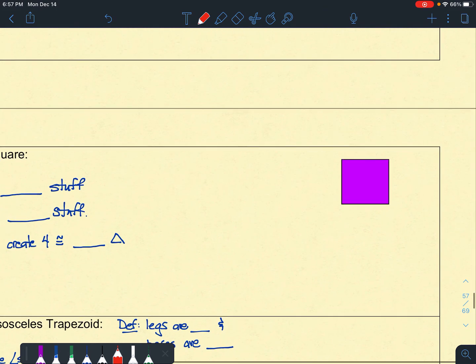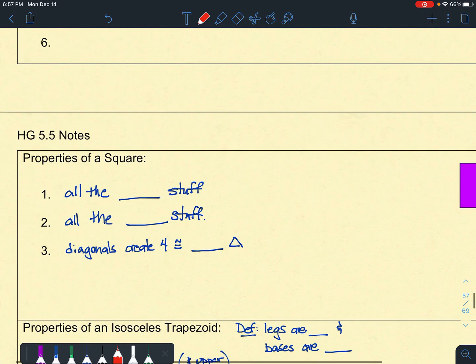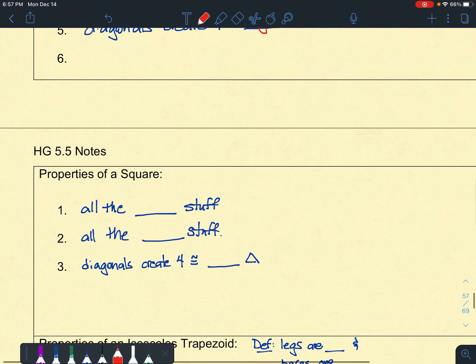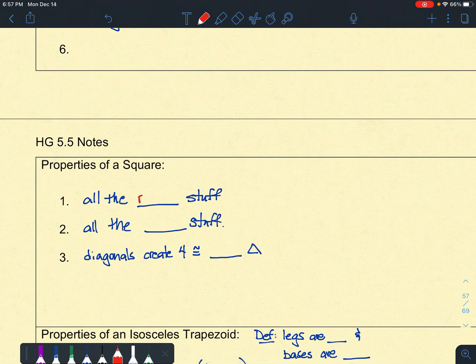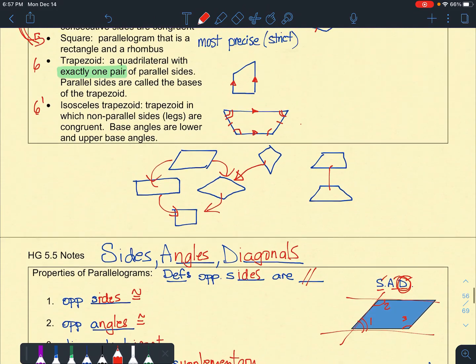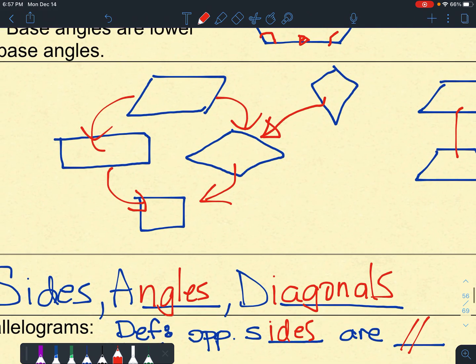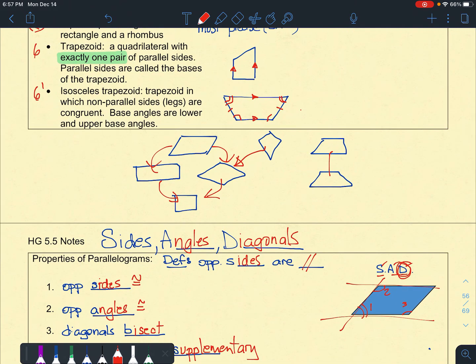Nothing new with a square, except one additional thing, because now we get all the things that we had with the rhombus. I guess I should draw the rhombus. Let's draw a rhombus kind of like a diamond. I'll make it more rhombic. And again, if we go back to the original diagram, remember we get this from the rectangle and the rhombus.